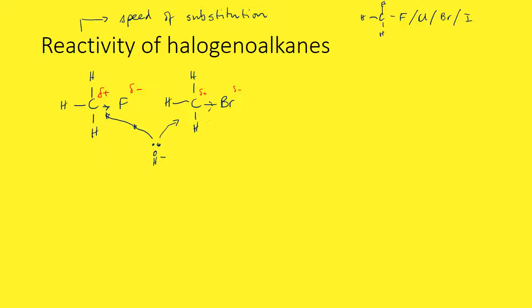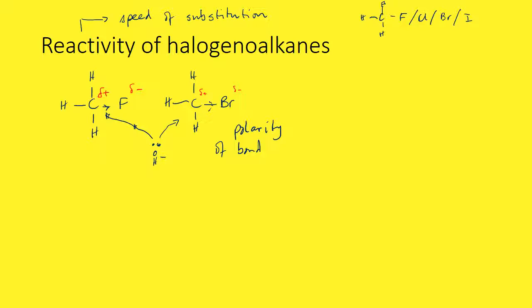All right, so that factor alone, which we'll call the polarity of the bond, would favour the fluoroalkanes. But there is another factor, and the other factor is the strength of the carbon halogen bond.